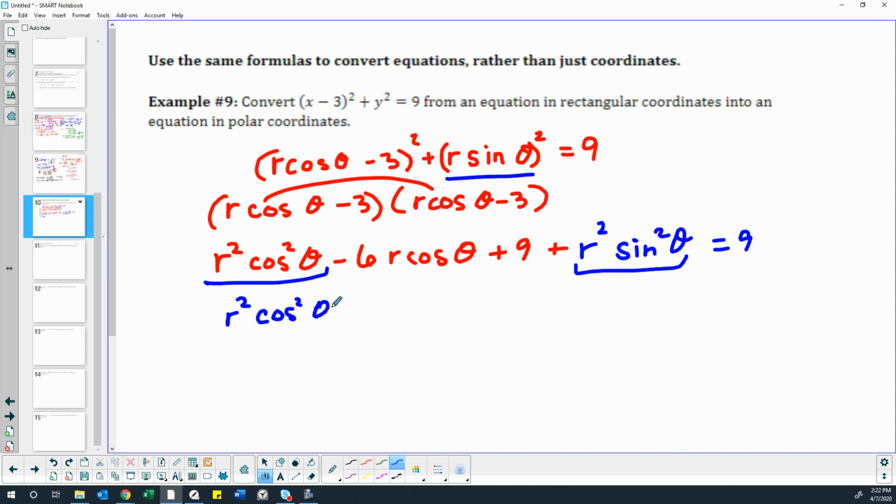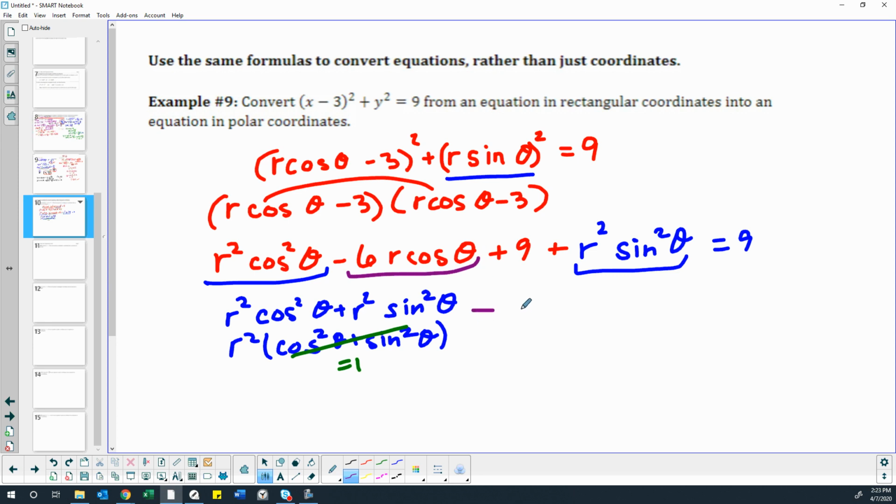That really is just r squared times cosine squared theta plus sine squared theta, which is what? Yeah, so that part turns into 1. I'm ignoring the other piece for a second.